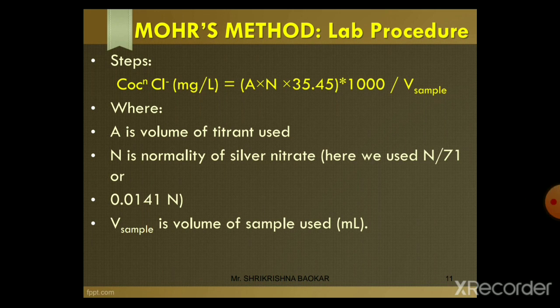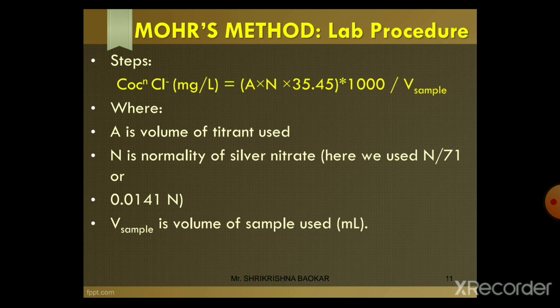The equation is: concentration of chloride = A into 10 into A into N into 35.45 into 1000 upon V sample, where A is the volume of titrant used, N is normality of silver nitrate.